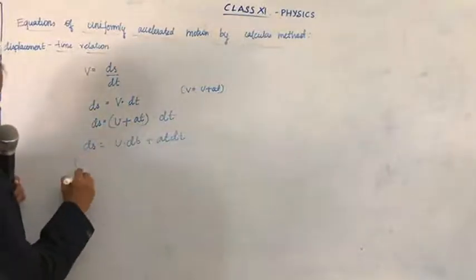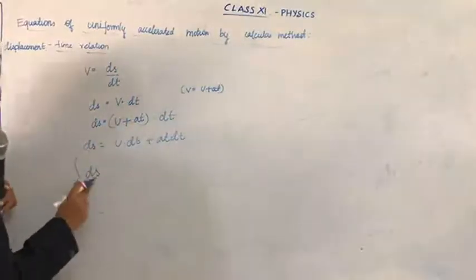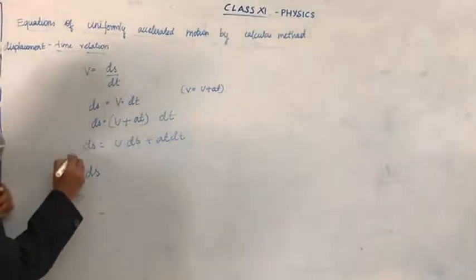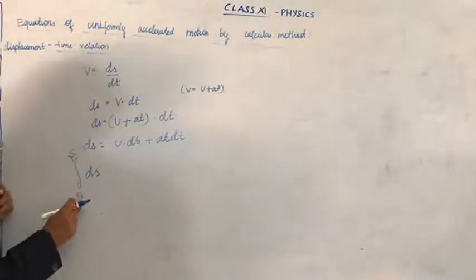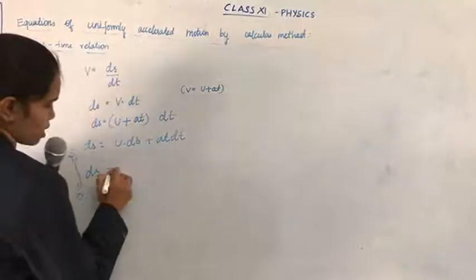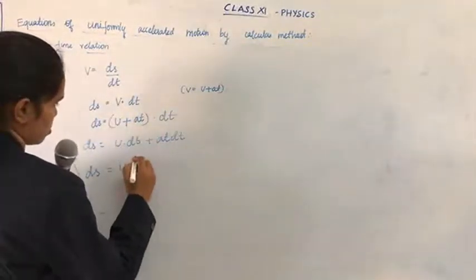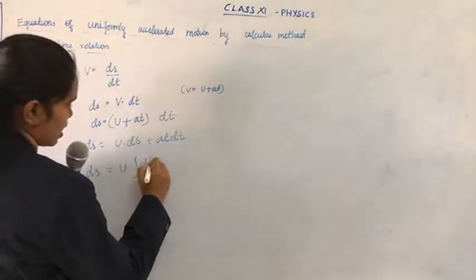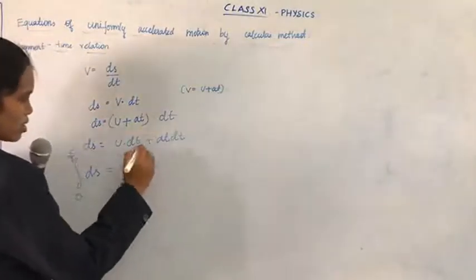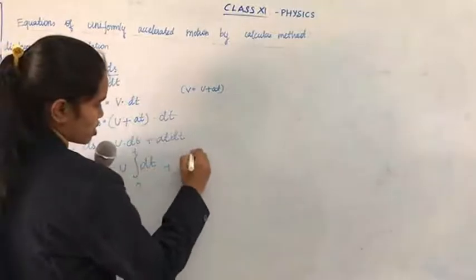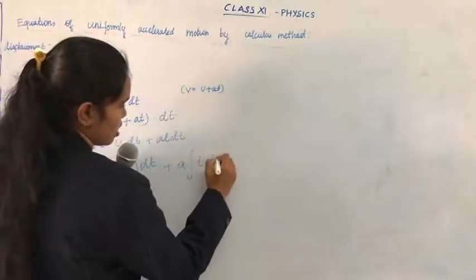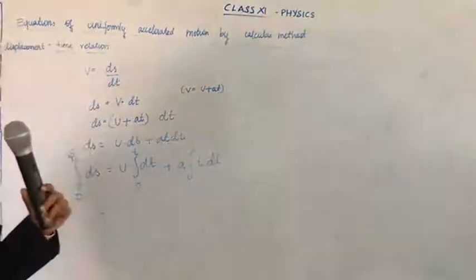apply the integration. For ds, the upper limit is s and the lower limit is 0. Now u, take it outside, dt will be inside, with limits 0 to t. Acceleration is constant, so take it outside, leaving t dt.